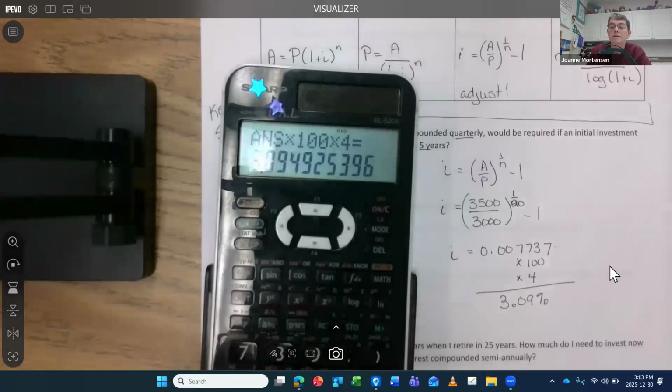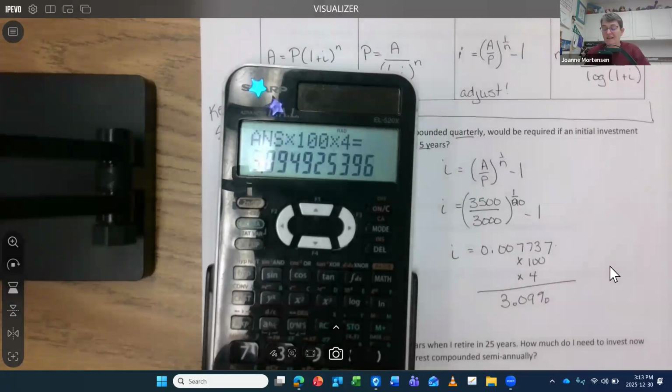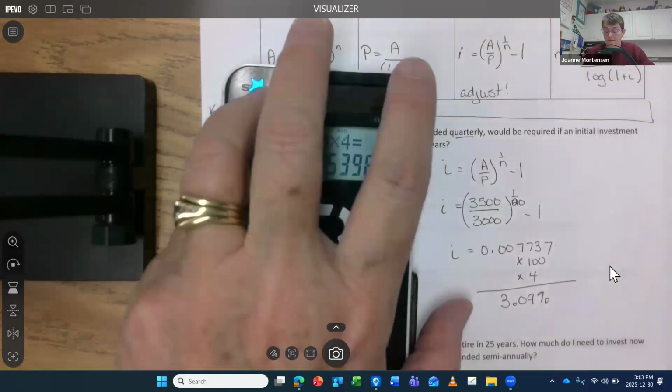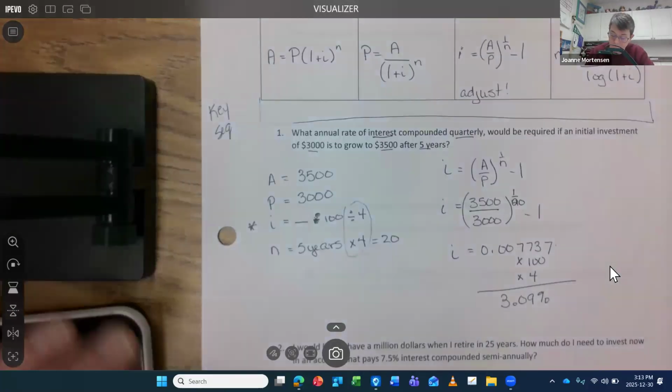Sorry, let me check my answer key. I looked at the wrong page. Yay, 3.09%. And again, I keep forgetting to write in how to round these. That's fine.